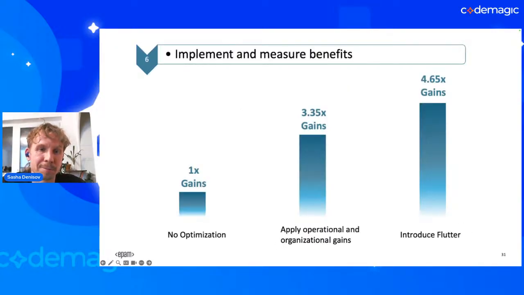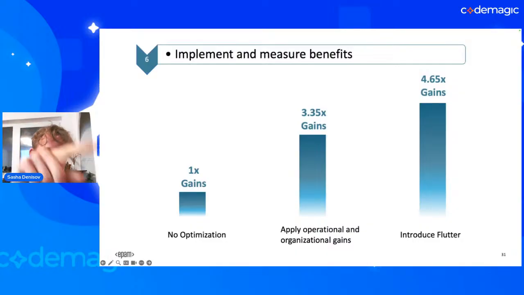So the only thing left to do is to implement the solution and to evaluate the benefit. I took the analysis from one of our projects in the past. These are actual data after calculating current expenses and gains, after expenses, after strategy optimization, and then after switching to cross-platform.